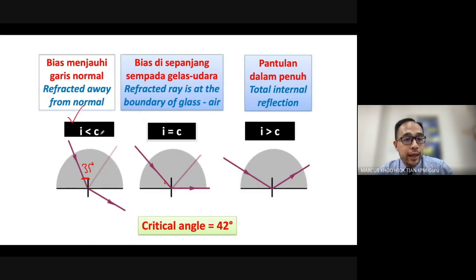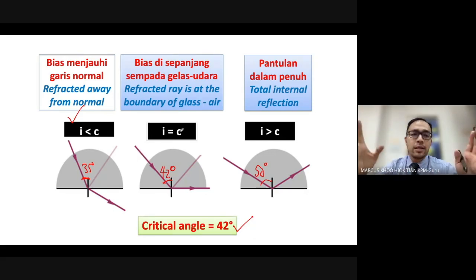If this incident angle is exactly 42, and you already know that the critical angle is 42, then we say boundary refraction happens. The refraction happens at the boundary. If this angle is more than 42, say for example 50, to exaggerate a bit, make it 50. 50 is more than 42, so total internal reflection happens.